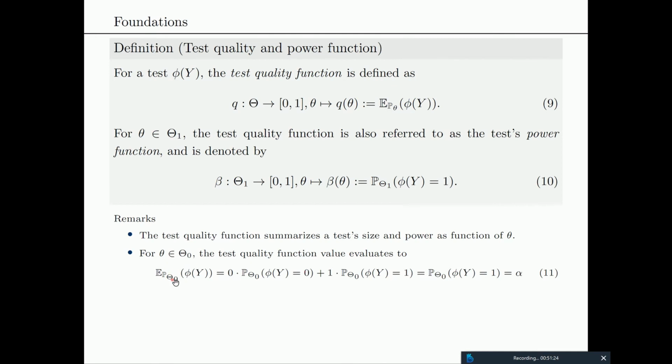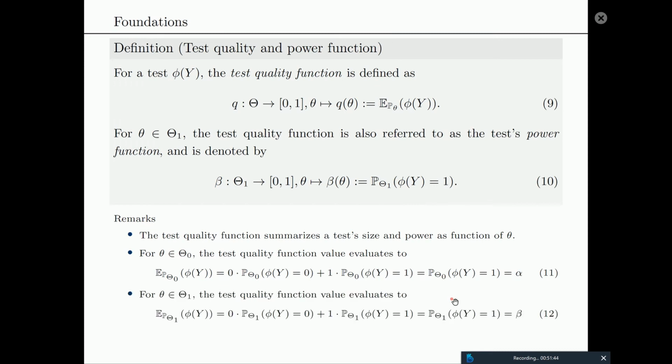If your theta is in the null hypothesis, then the value of the test quality function is the probability of the test rejecting the null hypothesis when the null hypothesis is true, which is just the probability of a type 1 error, so the size. And if you are in the alternative hypothesis, then this evaluates to the probability of rejecting the null hypothesis when the alternative hypothesis holds. That's then the power of the test.